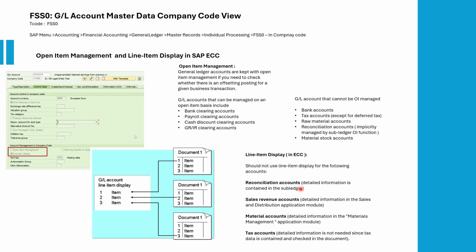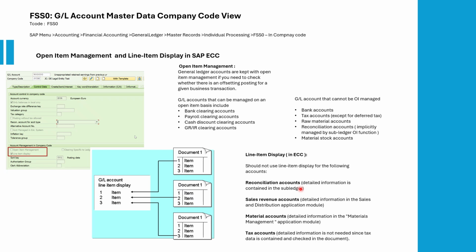Basically, what it was doing is this: if you post any document, whatever line item was posted for a GL account also comes and sits in the GL account line item display, if you have line item display marked, until it is archived. So it is a kind of load on the database, right?